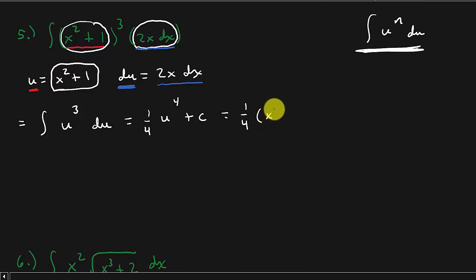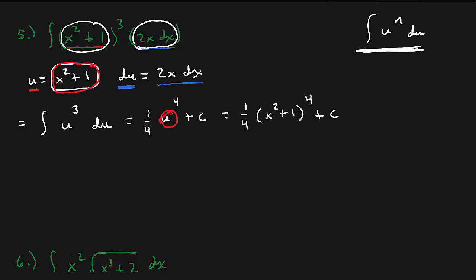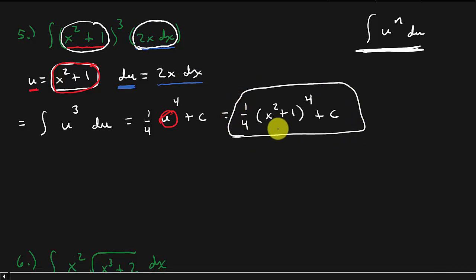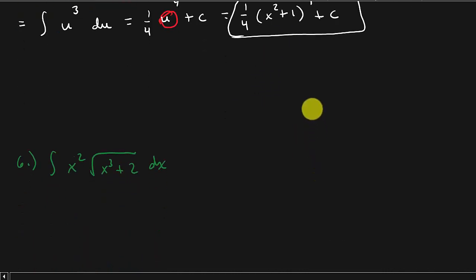So that's going to be x squared plus 1 to the 4th plus c. See, all I did here is I took the x squared plus 1 and I plugged it back in for u. And so this is my answer.